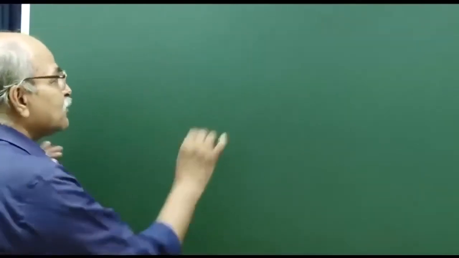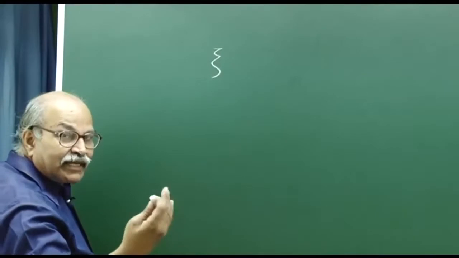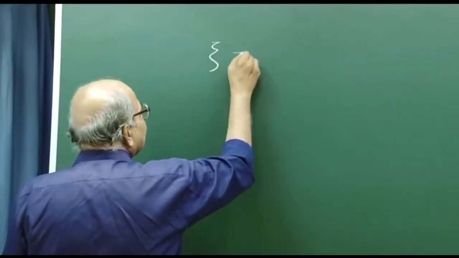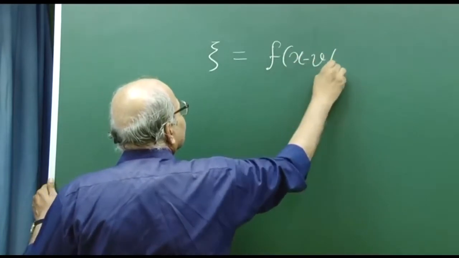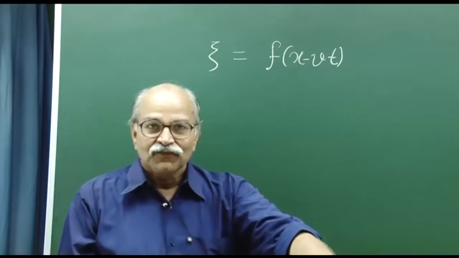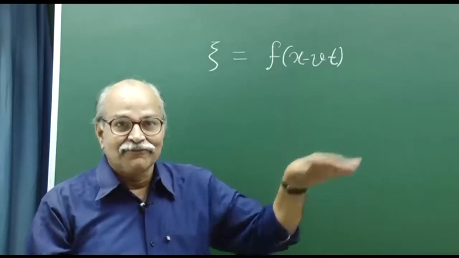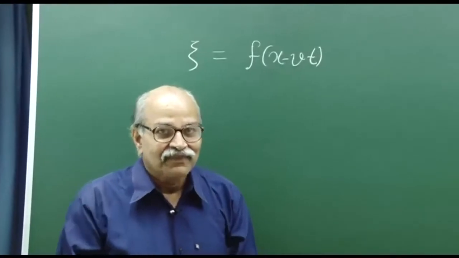So, I said that if the wave is going in x direction, its equation should be of this type, whatever quantity which is changing in space and time should be some function of x minus vt. And all the experiments that I had shown will conform to this if you take proper x axis and all that and make some approximations, of course.